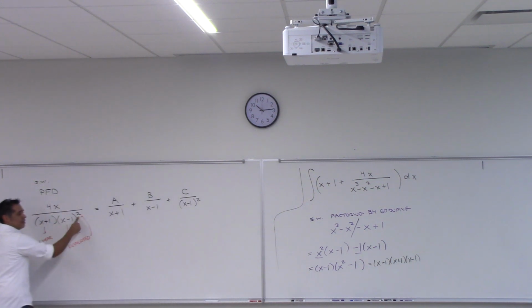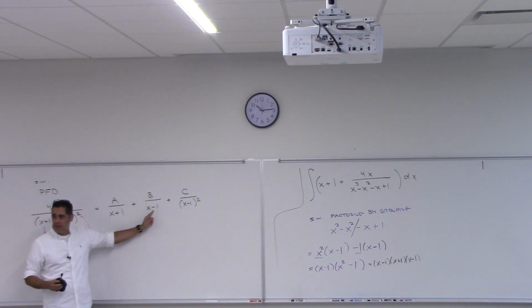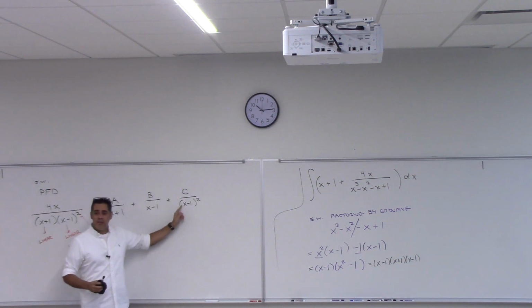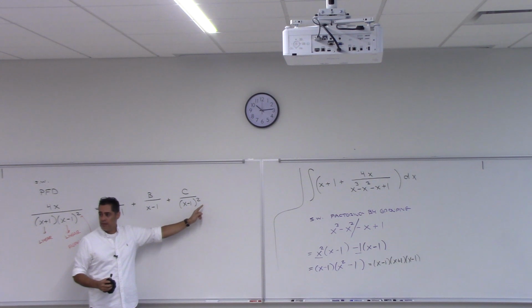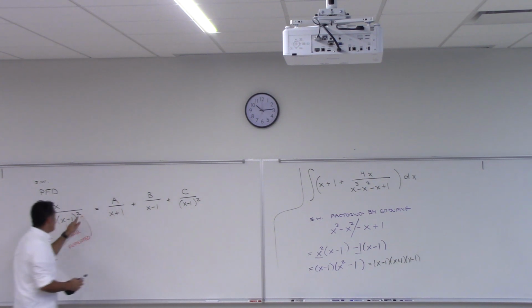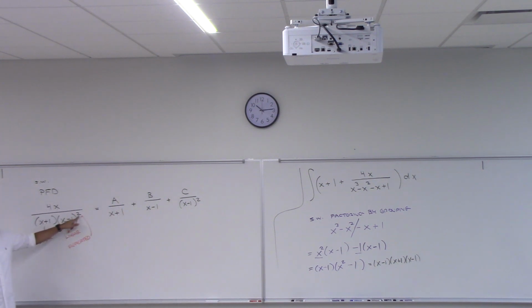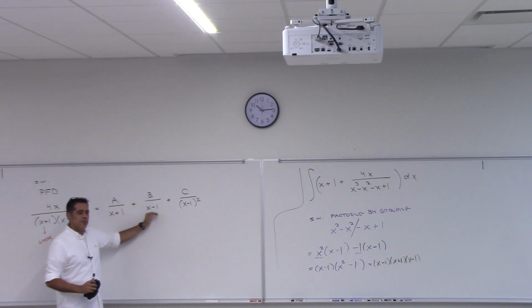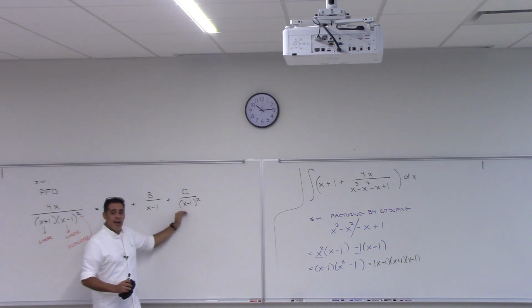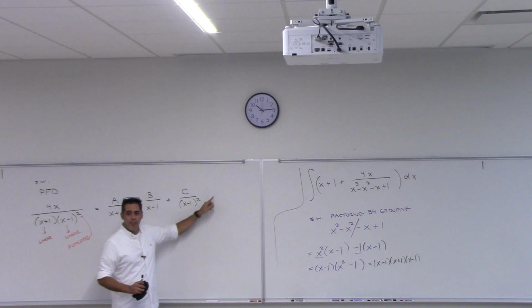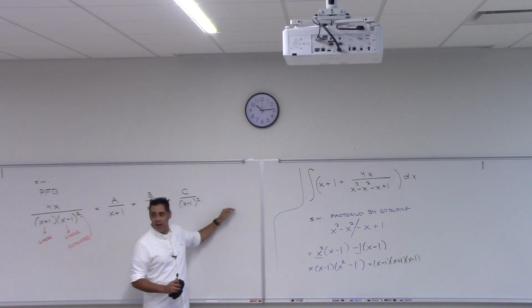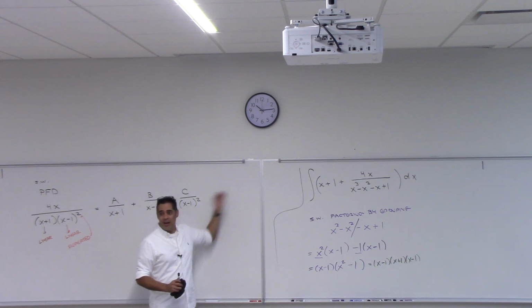So this is repeated, right? So we go b over that linear factor, then c over that linear factor squared. If this had been a 3, I would do b over x minus 1, c over x minus 1 squared, plus d over x minus 1 cubed. I would have 3 of them.